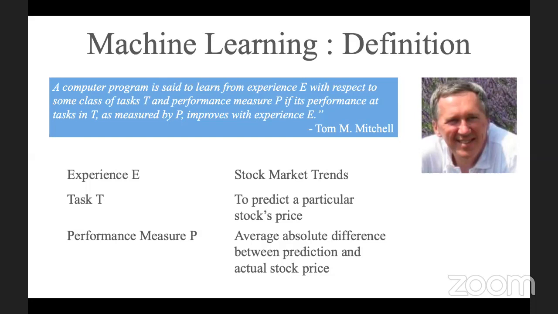If my algorithm predicted 30 rupees per stock, and the actual price next day was 40, then the difference is 10. What we want is for this difference to decrease. If the difference decreases, we say our performance is increasing. So this is what the definition is telling: we say a computer program is learning if, as we give it more data, it performs better on the task T with respect to some performance measure P.